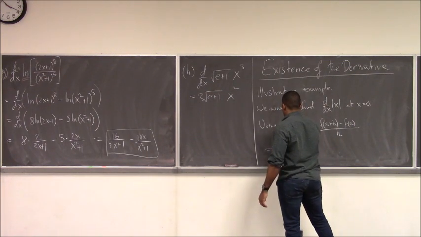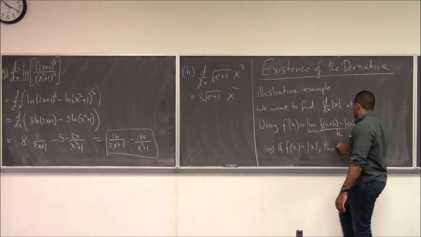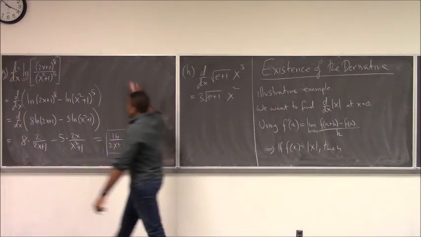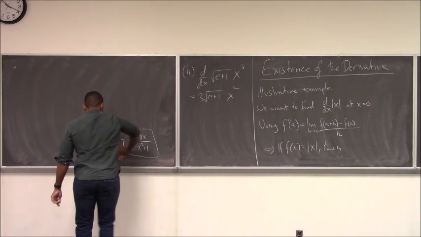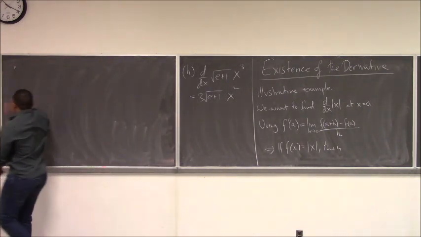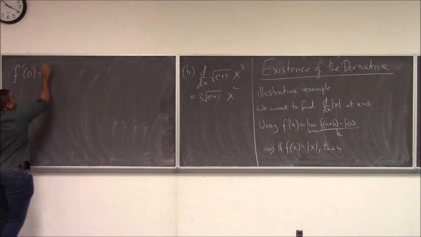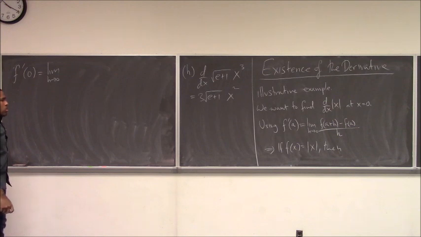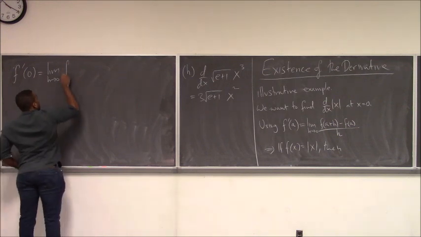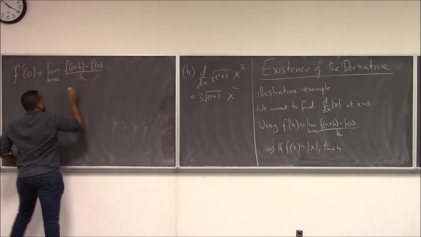Now, this means if f of x equals the absolute value of x, then if we find f prime of 0, that'll give us the limit as h approaches 0 of f of 0 plus h minus f of 0 all over h.